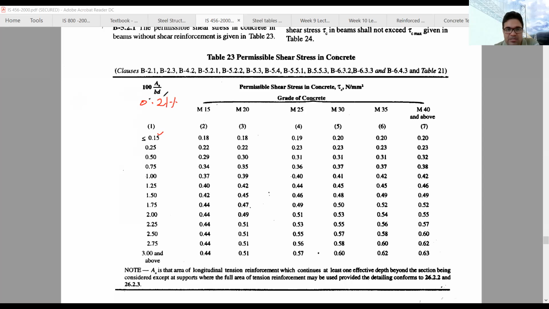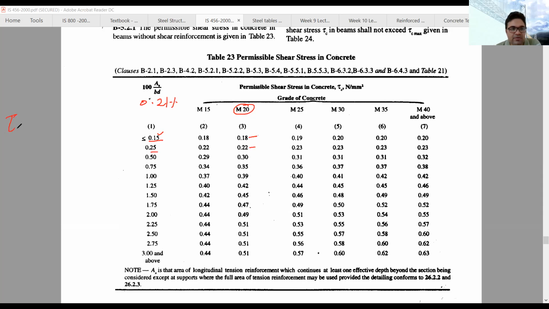Our percentage lies between 0.15 and 0.25, which means we have to do interpolation, and we are using M20 grade of concrete. For 0.15, the tau c value for M20 grade is 0.18, and for 0.25 it is 0.22, so we have to do interpolation.